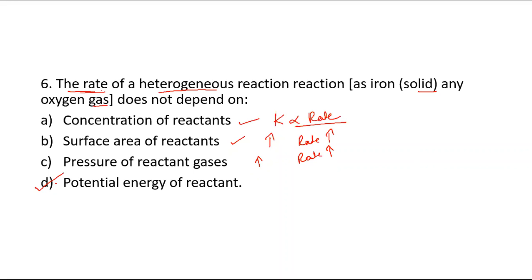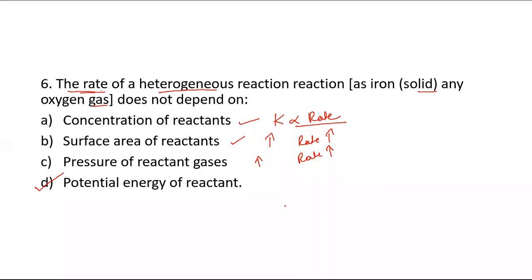If you have any doubts, you can ask me related to today's class as well as today's concept. They are asking me to repeat the question once more. The rate of a heterogeneous reaction.